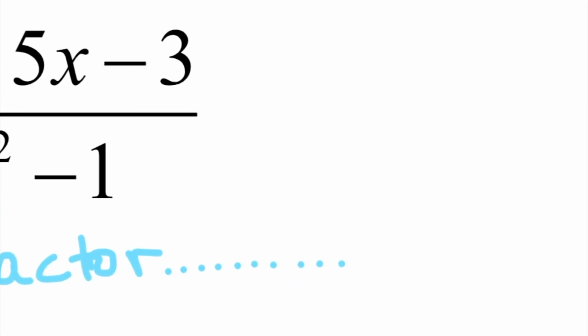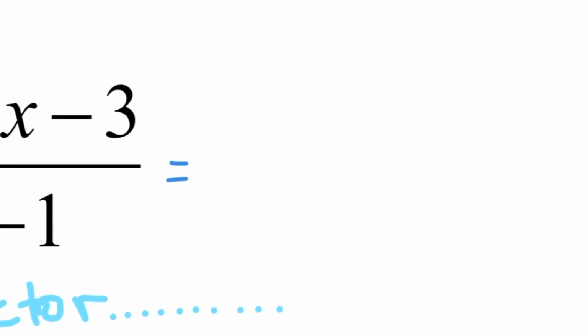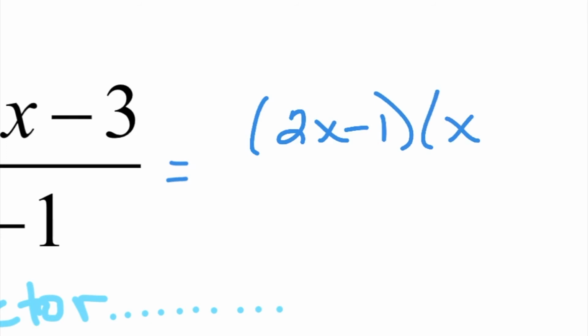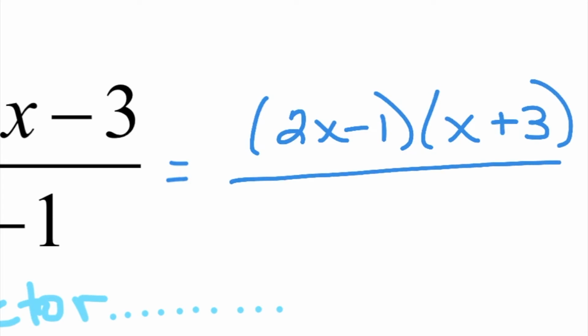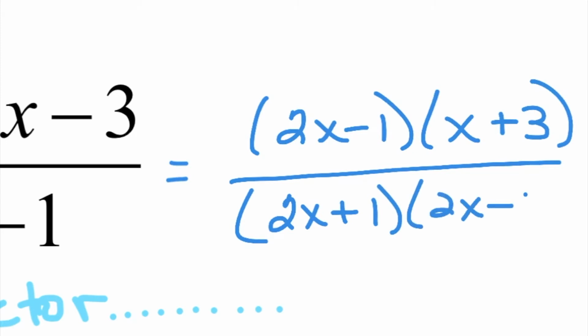And when you paused the video and factored the numerator and the denominator, you should have gotten in the numerator 2x minus 1 times x plus 3. And in the denominator, you got 2x plus 1 times 2x minus 1.